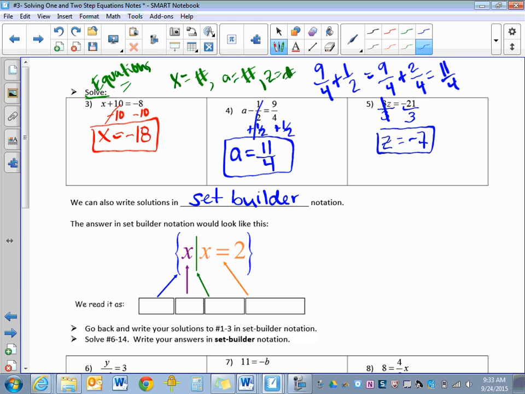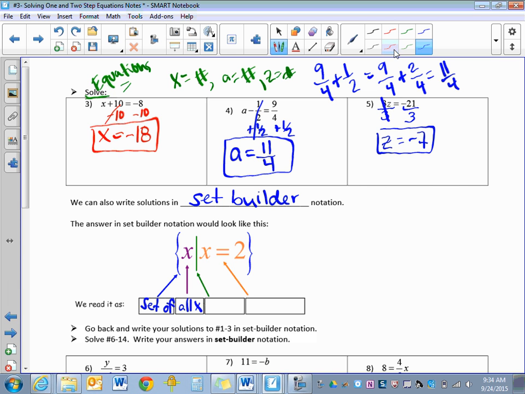Alright, so those curly braces mean set of. So we read this as a set of, and this tells us which variable we're talking about. So set of all x. And this vertical line, it's a weird one.